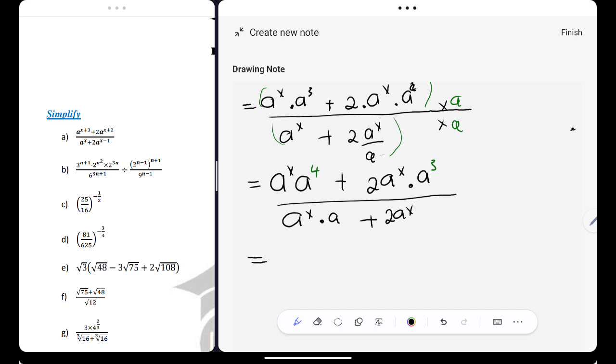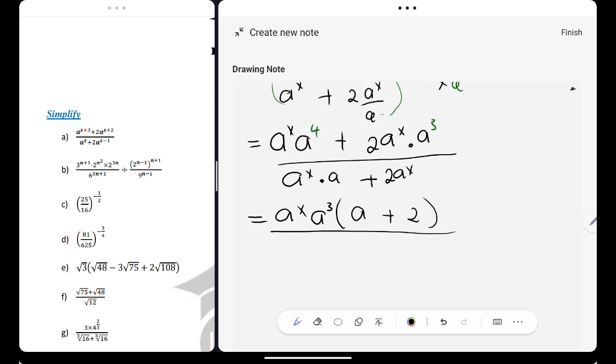What's common at the numerator? A to the power x is common, as well as a cubed is common. Together. And when I take out a common factor, I'll be left with a here and then a 2 there. On the denominator, what is common? A to the power x is common. Then I'll be left with a and 2.